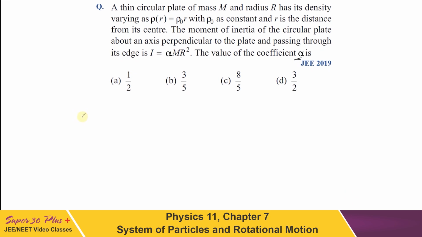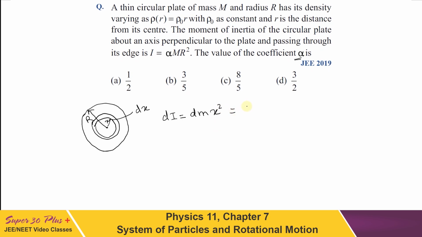Again, since it is a circular plate and density is varying, we have to consider one elemental ring. Let us consider that elemental ring for which the radius is x and its thickness is dx. For the whole disk, radius is given as r. Now the moment of inertia of this ring about the perpendicular axis passing through the center can be written as dI is equal to dm into x square, because for the elemental ring x is its radius.